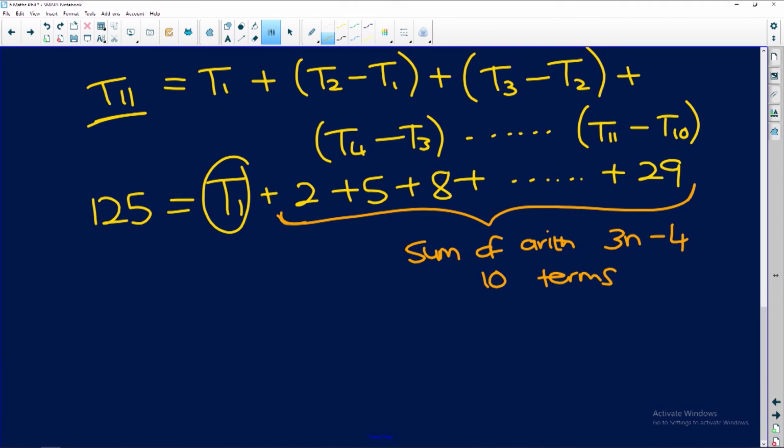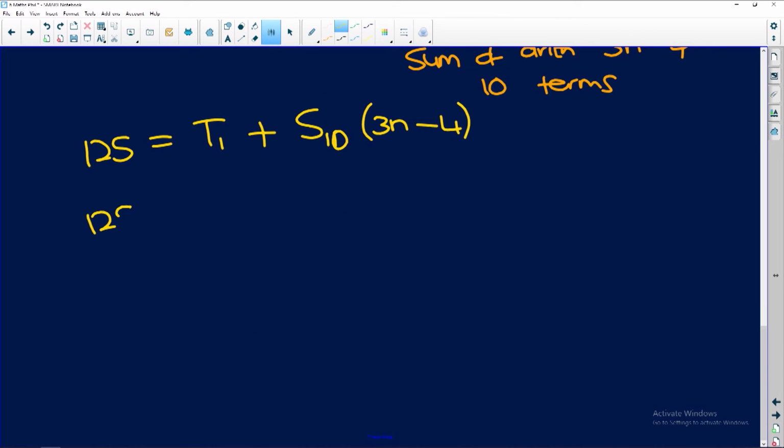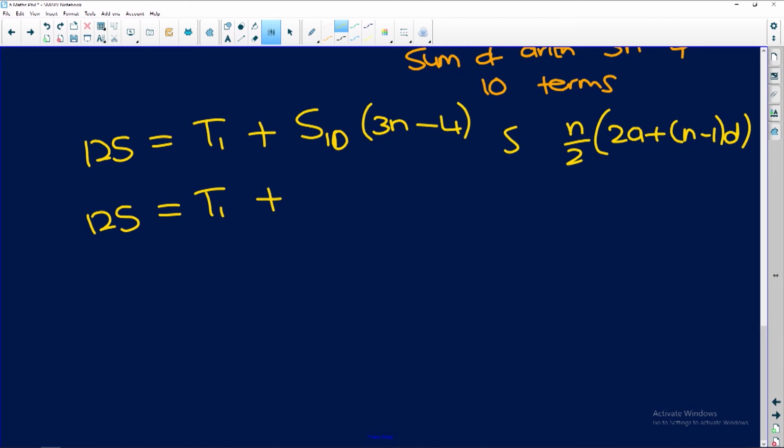Okay, so 125, which was given to us as our 11th term, is equal to term 1 plus the sum to 10 terms of that arithmetic sequence. So if we substitute that into our sum formula, we get term 1 plus, remember, it is n over 2 into 2a plus n minus 1 d. That is our Sn formula.